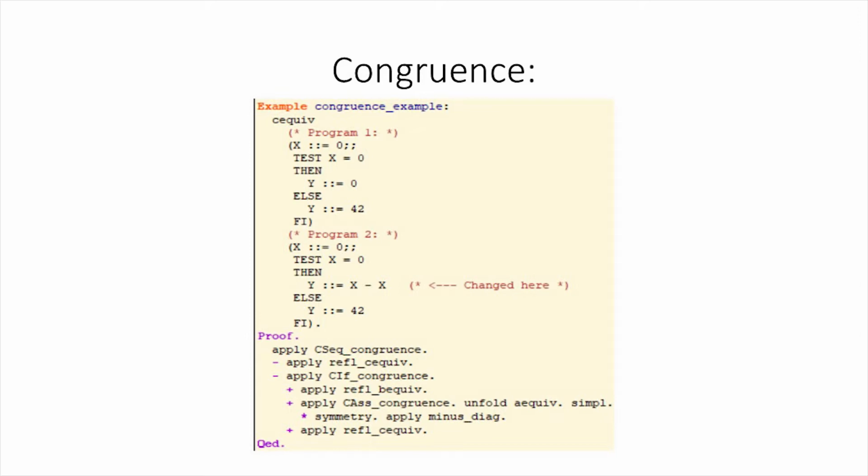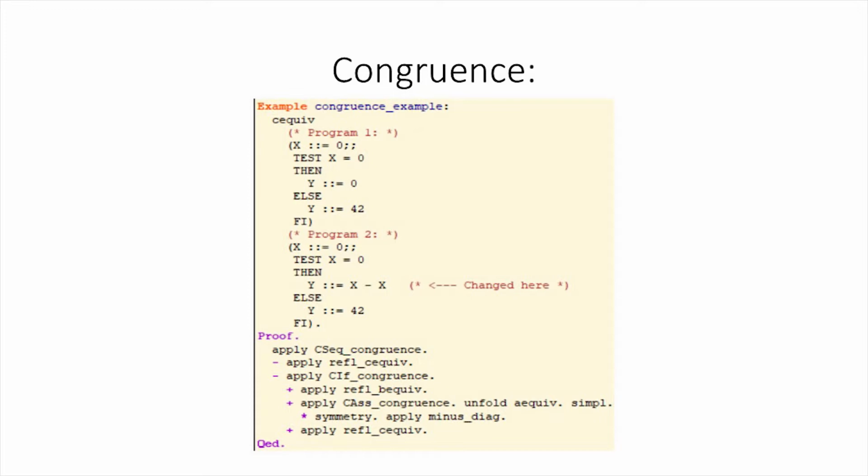We've got x is equal to 0, test of x being equal to 0, then y is 0, else y is equal to 42. So very simply, because x is 0, we're going to get y is equal to 0. And then we've got a congruent program in program 2 where x is set to 0, we test if x is equal to 0, and then we get y is equal to x minus x, else y is equal to 42.